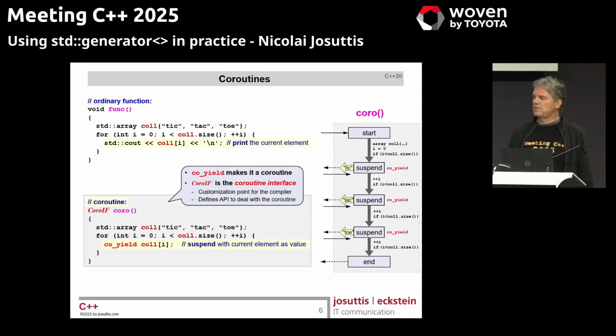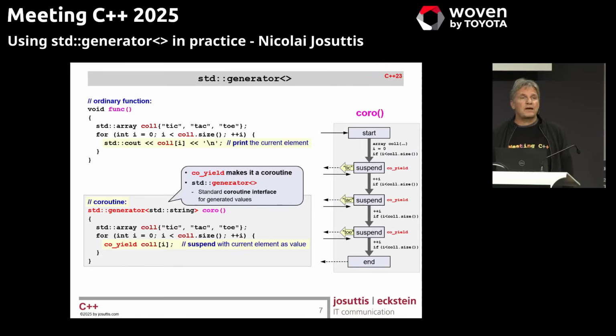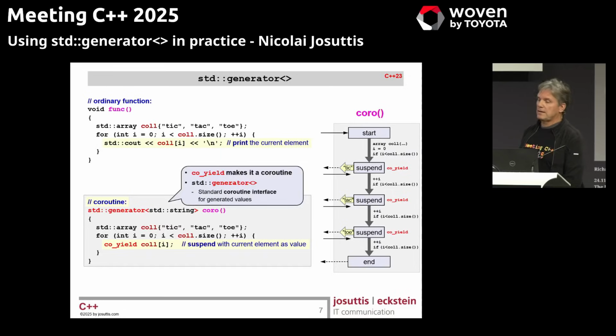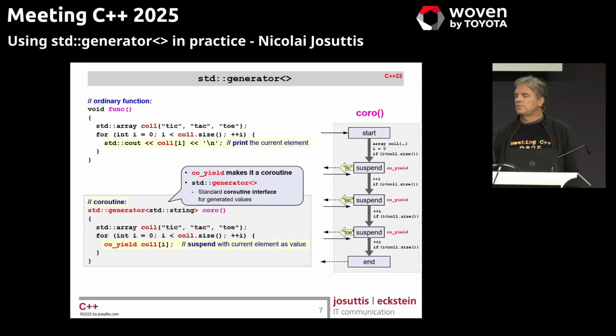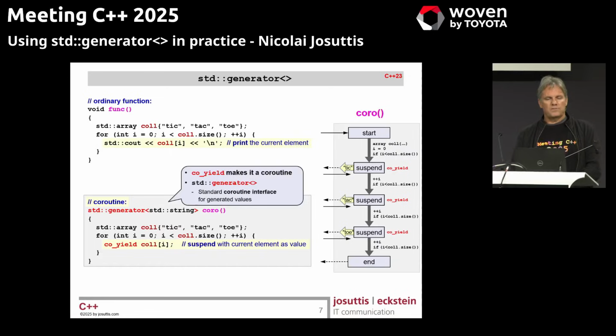So we learned a few things with C++20 and introduced the first coroutine interface type that is part of the C++ standard. And that's std::generator. std::generator is a standard coroutine interface type, and the type is specific for coroutines that generate values. It's a class template, and the type you specify here is the type of the things we yield.